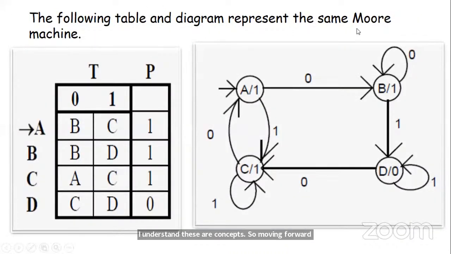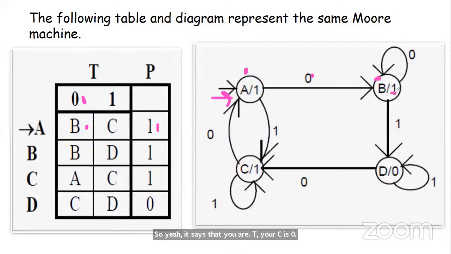So this represents a Mealy machine, right? This is telling us the initial state is A. Here, you're at state A, you receive a 0, you move to B and output 1.